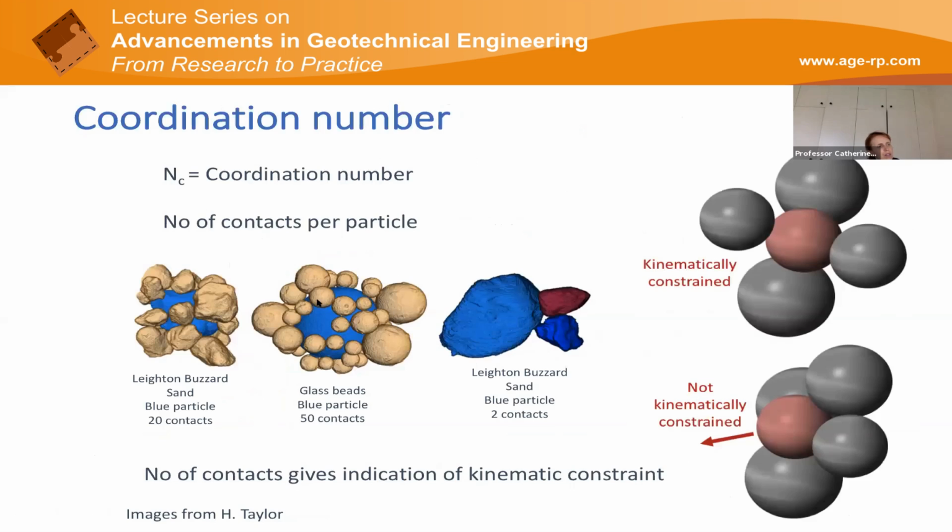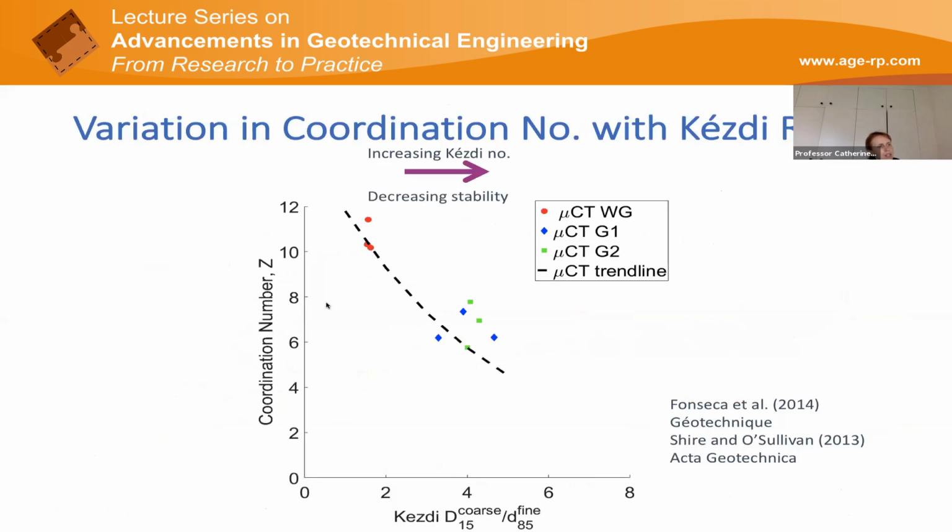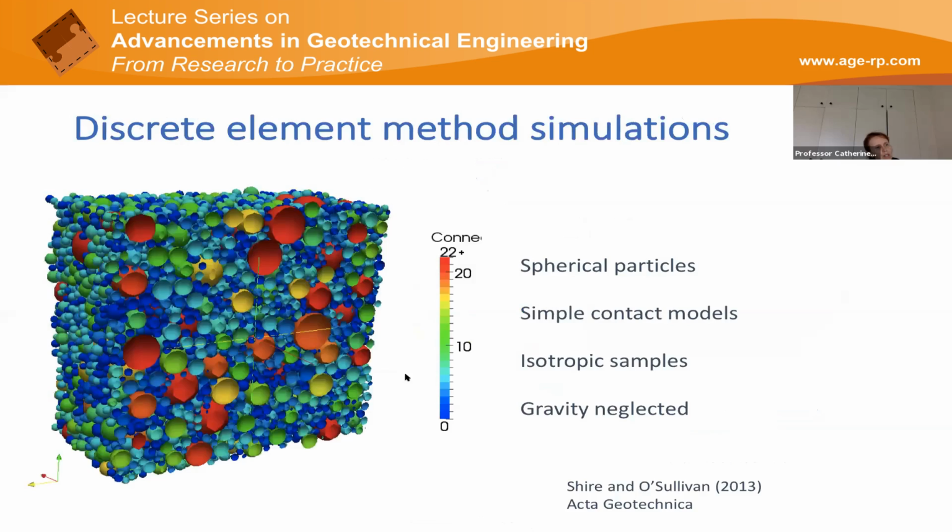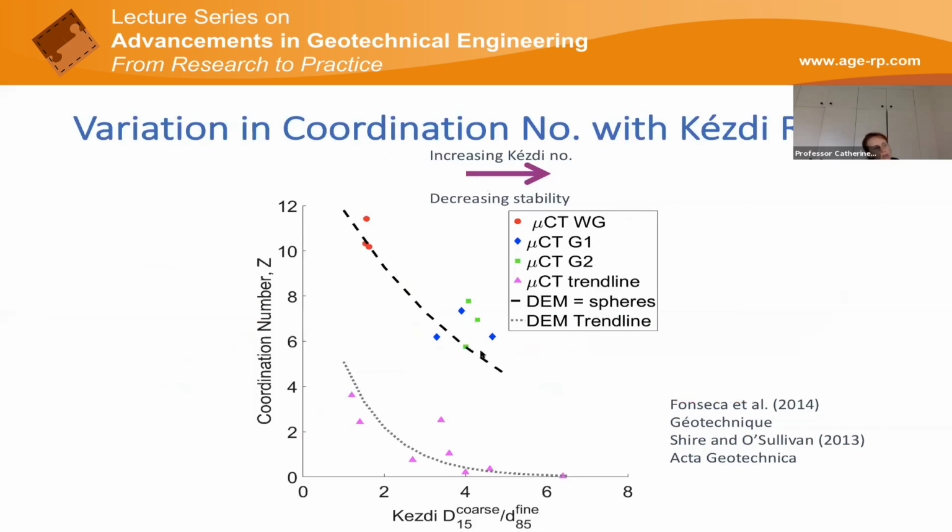And we could see that there was a definite correlation between the coordination number and this Kézdi ratio. And we looked at this also with DEM, and so there was an offset, which we can explain by the difference in geometry between our angular sand particles we scanned in the microCT and the spherical particles we used in DEM.